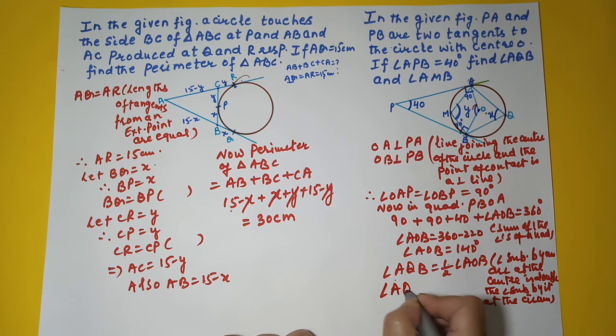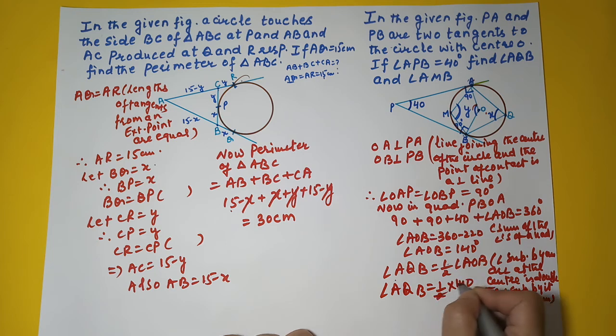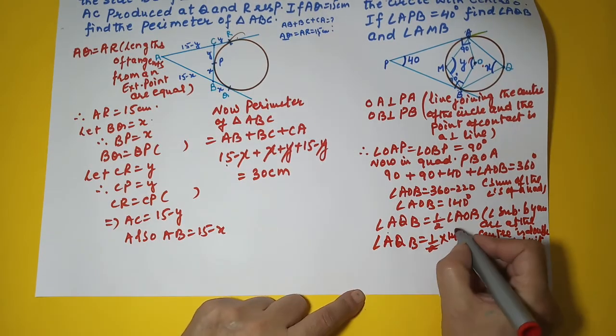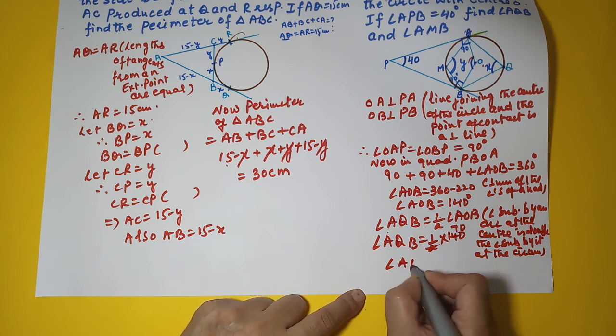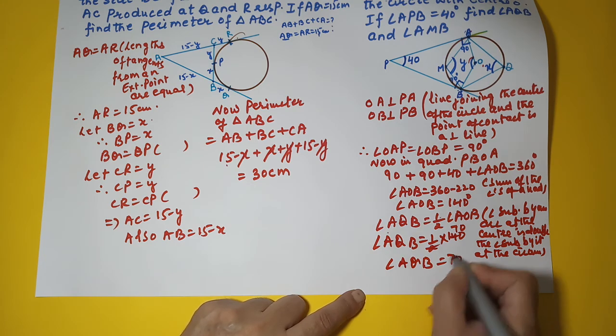Therefore, angle AQB is equal to half into 140. So this is your 70. You got angle AQB as 70.